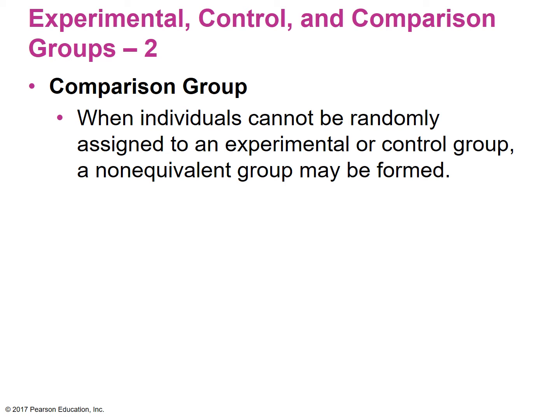Should you deny that benefit from a group of potential participants just so they could serve as a control group? Ethically, that may not be appropriate. So why not offer the intervention to both groups so they could potentially see the benefits, and we'll just do an experimental and a comparison group evaluation design.